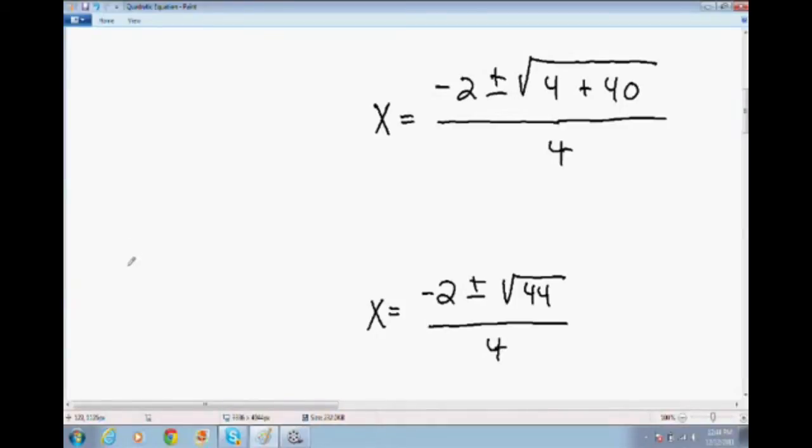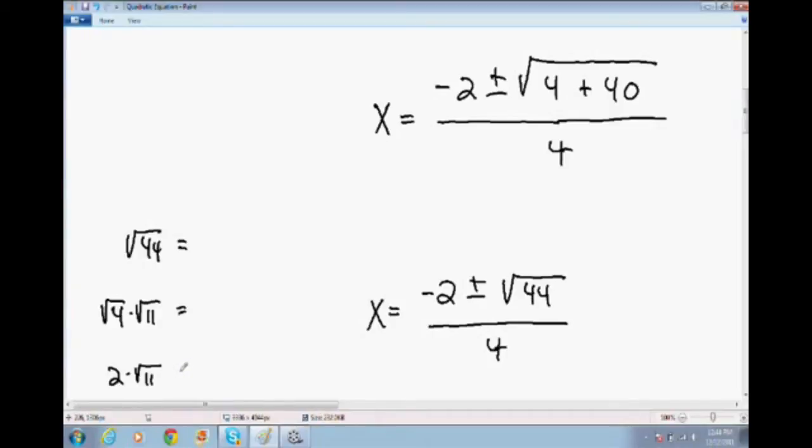Now the square root can be simplified even more, because the square root of 44 can also be written as the square root of 4 times the square root of 11, because 4 times 11 is equal to 44. The square root of 4 is a perfect square root, so we can rewrite that as 2. And the square root of 11 cannot be simplified anymore, so that stays the same.